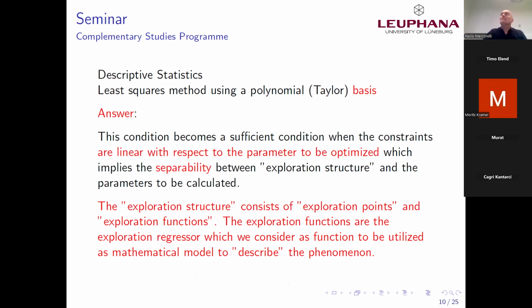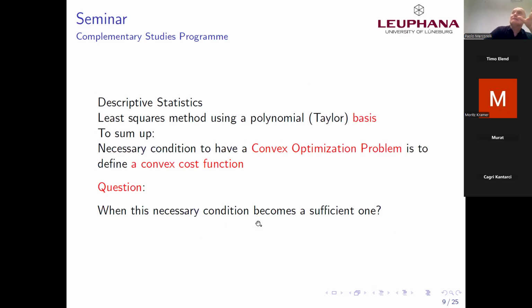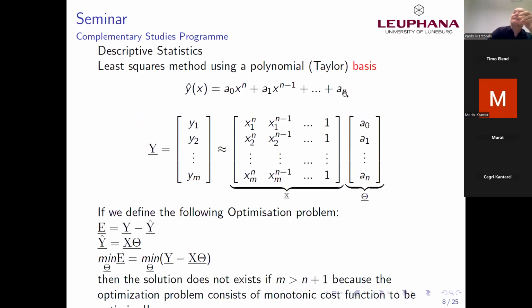Of course, this is also the key point to obtain the convexity of the optimization problem. This means not only a convex function, but also the constraint should be, as I told you, linear.